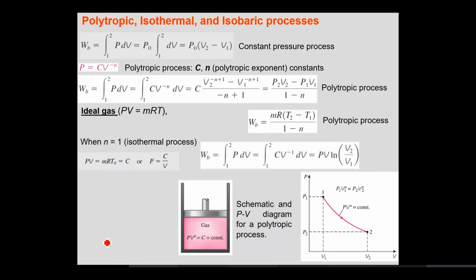So for a polytropic process where n is equal to 1, or for an ideal gas undergoing an isothermal process, the boundary work is essentially equal to PV ln(V2 over V1). Clear enough? So I'll stop over here.